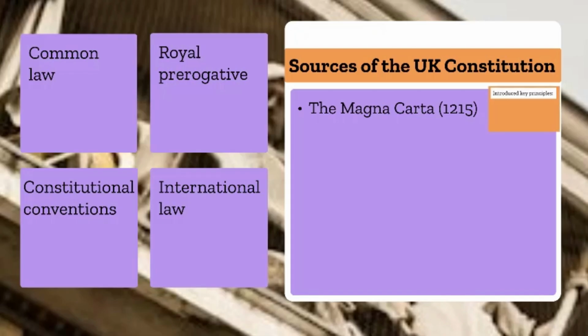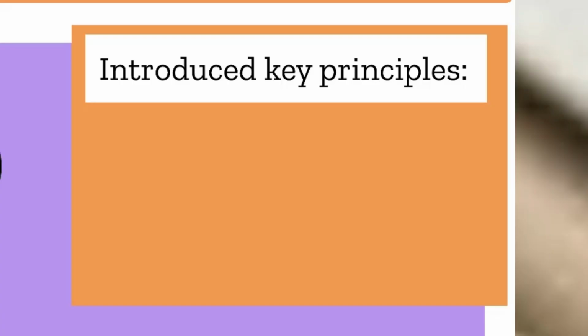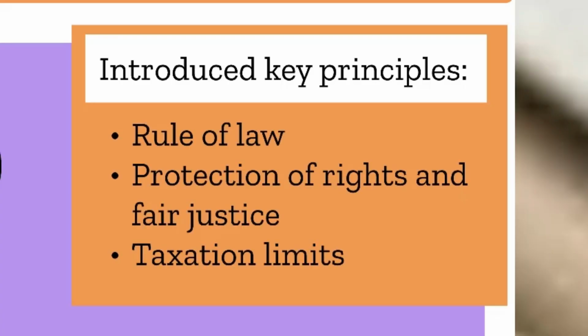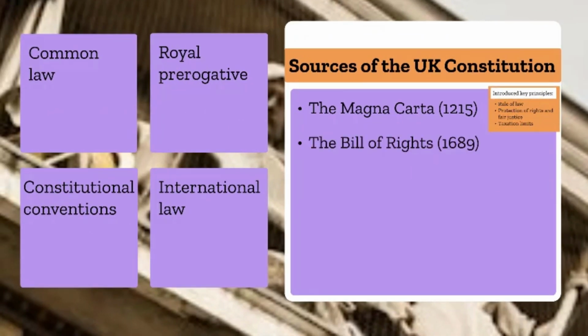But the Magna Carta is not just a fancy word. As I mentioned, it does introduce these key concepts that everything was built upon. And that in turn led to several other important documents that have underpinned the UK Constitution, such as the Bill of Rights. Now, this was introduced many years later.